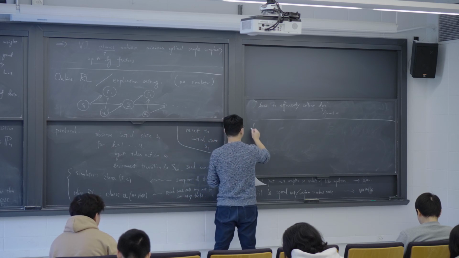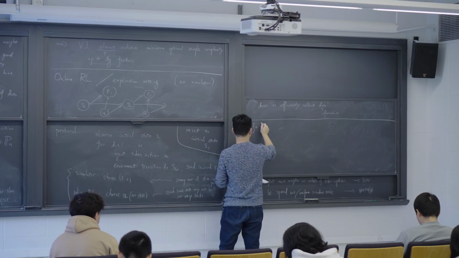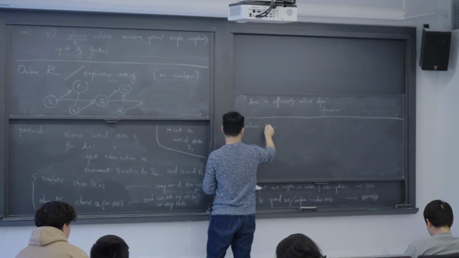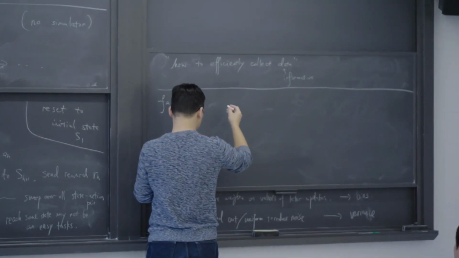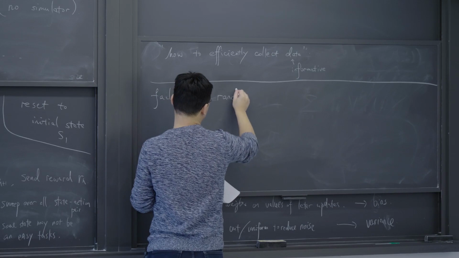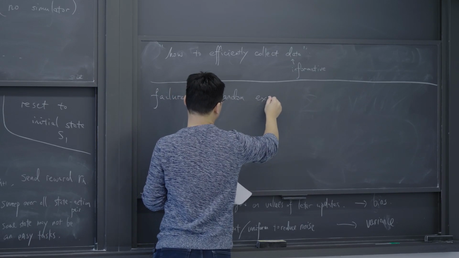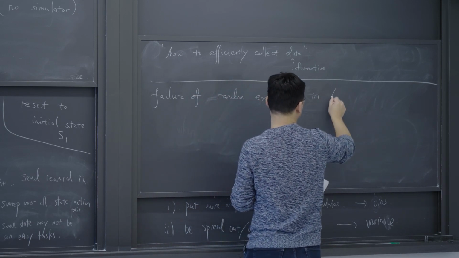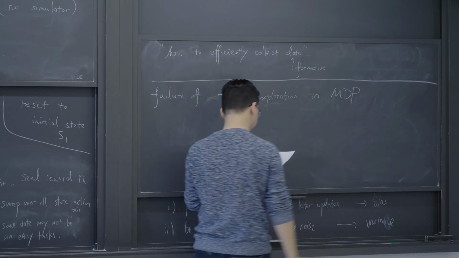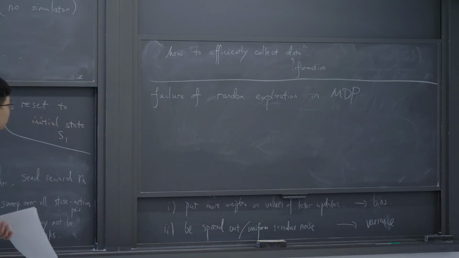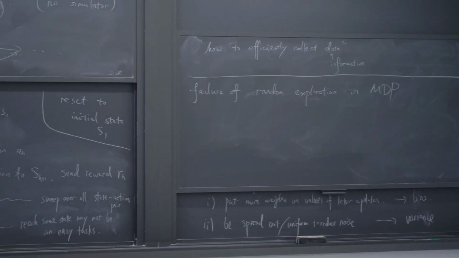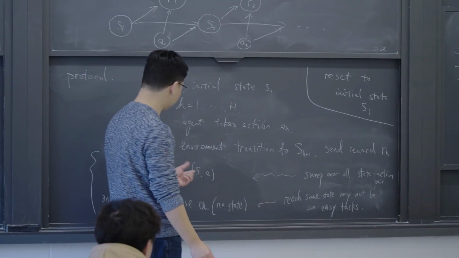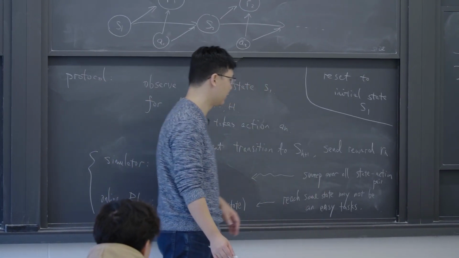So we'll talk about the failure of random exploration in MDPs. Okay, so what is random exploration? The first idea to collect the data: in a simulator setting, because we can choose all the state actions, we just sweep through all the state action pairs.